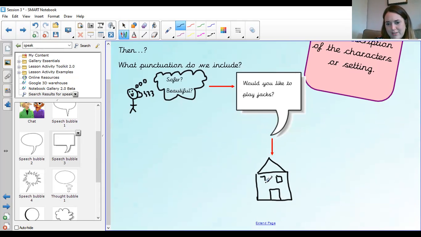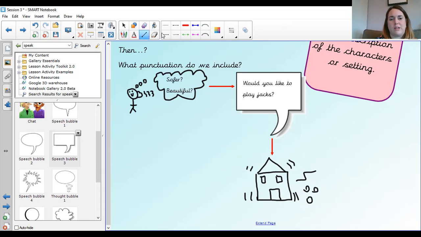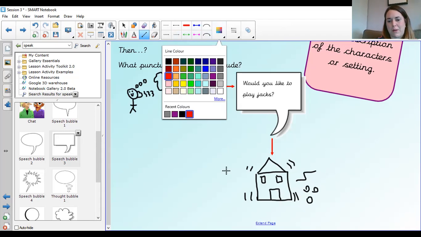Mine certainly aren't. And I'm going to put some little lines around my house that make it look like it's quivering. I'll draw a step here just to remind myself about the steps. And I will draw some little circles, which are my bread rolls falling. Okay, that picture is done. You'll see I didn't spend ages on it. It's not beautiful artwork. It's just there to jog my memory.